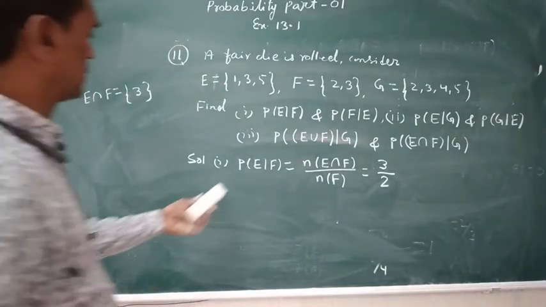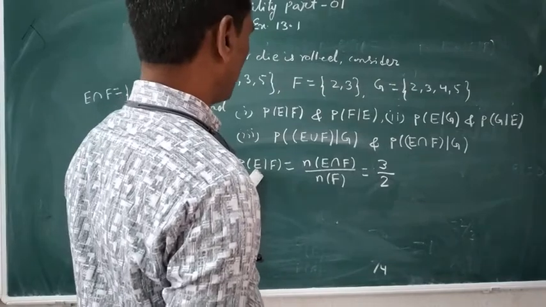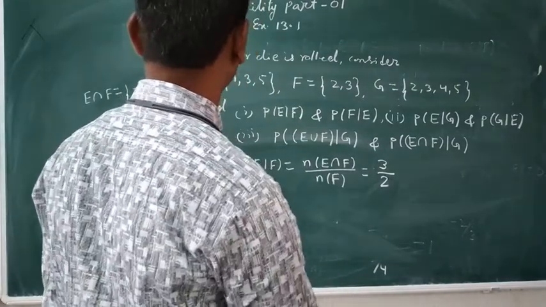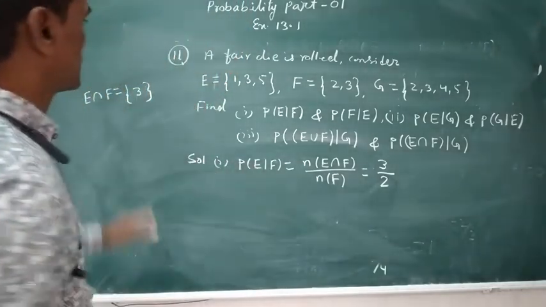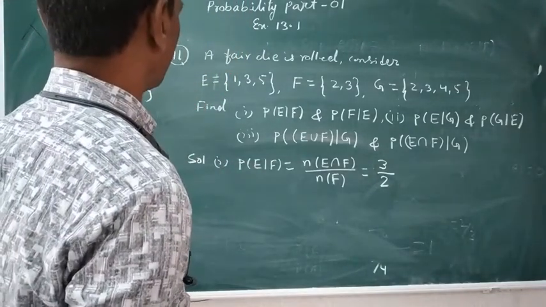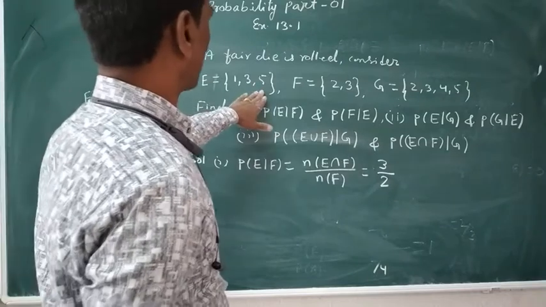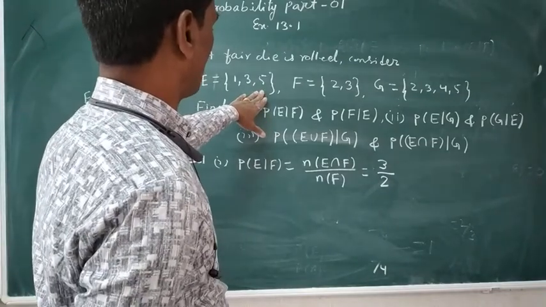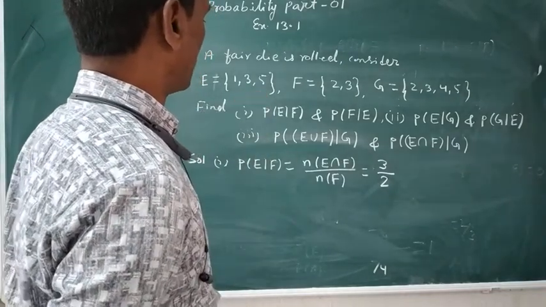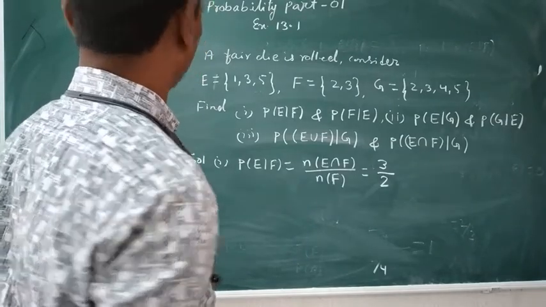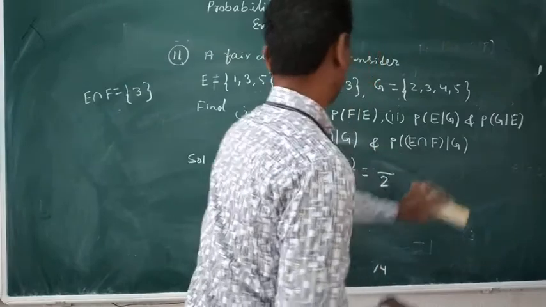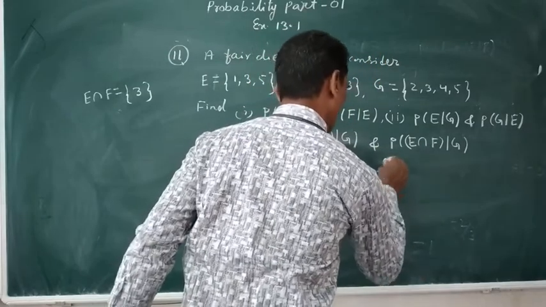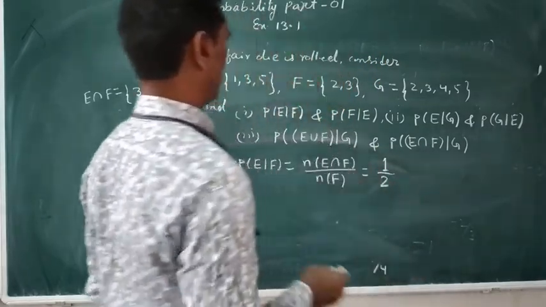But here probability should not be more than 1. So if it is coming more than 1, there is something mistake. Number of elements in E intersection F by number of elements in F. So now, yes, in the intersection it is 1, and this is the total number of elements.